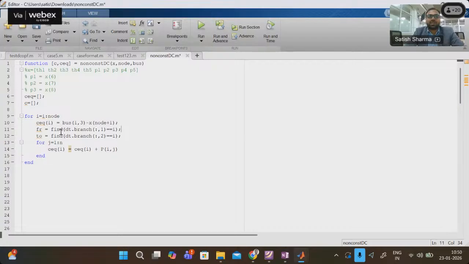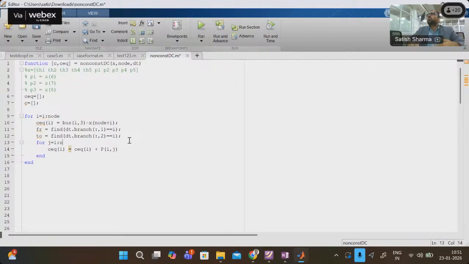So what is the connection of the ith bus? And let's supply the entire dt here, since we are going to need the dt. So dt dot branch is available, and this information is available to me.